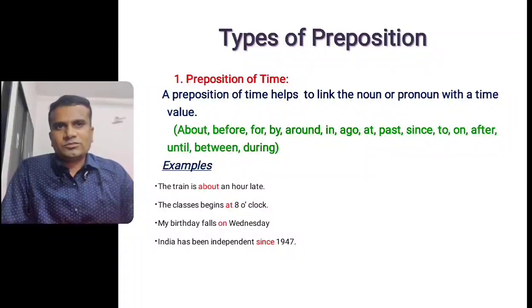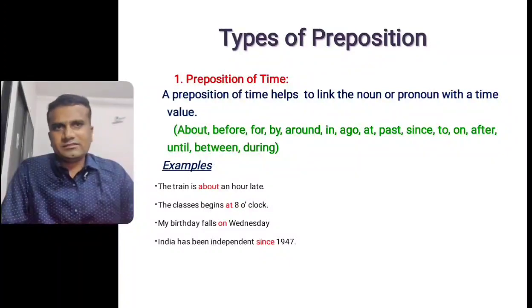Here also a specific time, that is day, is defined by using the preposition of time on. In the earlier example too, you will find a specific time is denoted by using the preposition of time, that is at. And the last example: India has been independent since 1947.